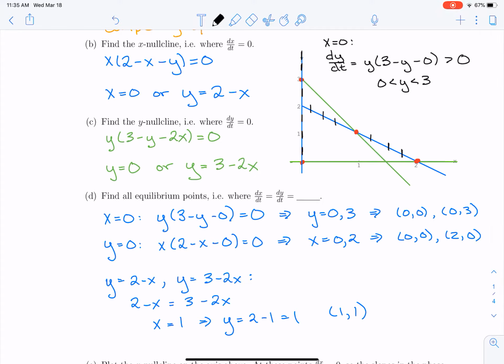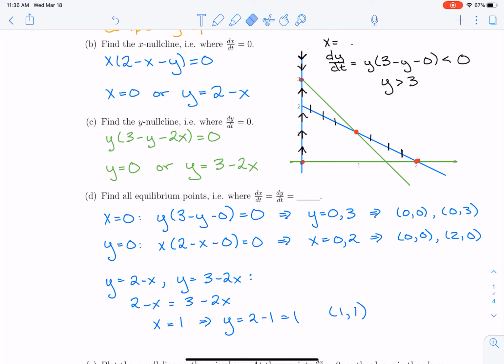That means these arrows, where y is between 0 and 3, will be pointing up because dy/dt is positive. I'll then look to see where that derivative is negative, and I'll notice that that's when y is bigger than 3. And so when y is bigger than 3, I'll have my arrows pointing down. So that gives us the first x nullcline.